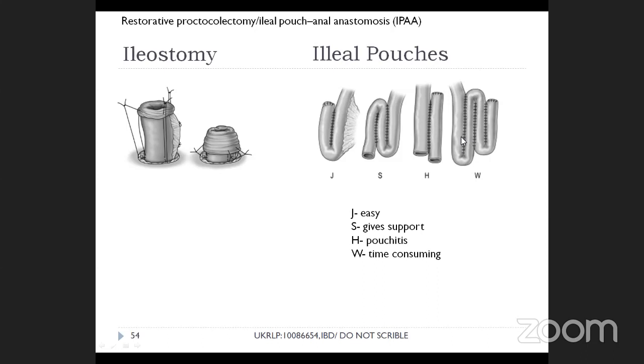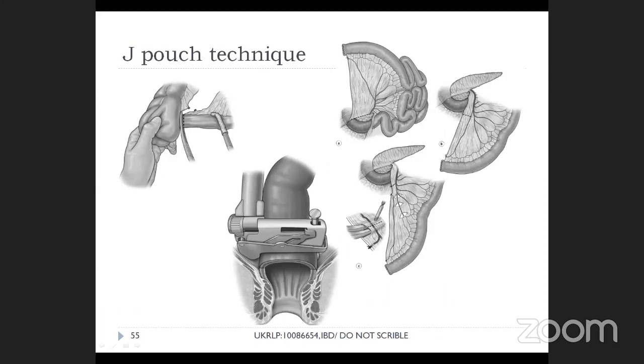The advantage is the increased luminal content, with more retention capacity compared to all the three types, but it is time consuming, and the complication rates are high when we do so many ileal pouches. So coming on to the technique, what is the technique of the ileal pouch anal anastomosis?